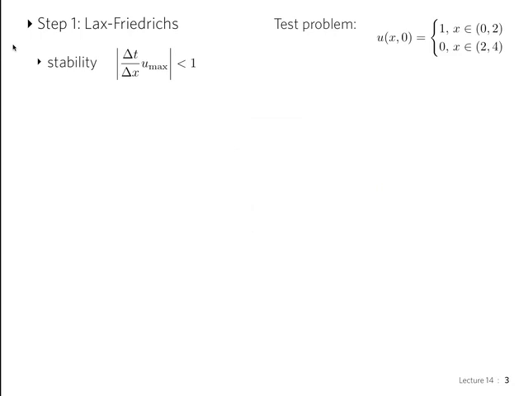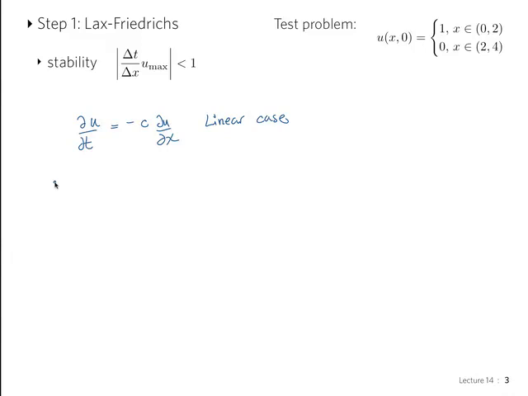Let me go back and notice something that you could have seen with step 1 of the first assignment, which was the linear convection, du/dt equal to minus c du/dx.